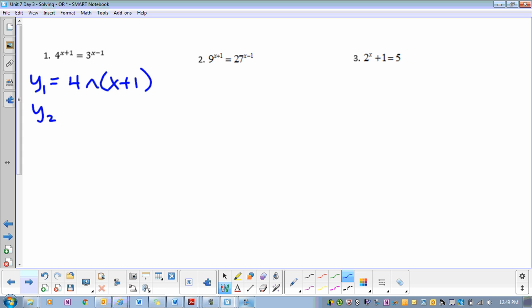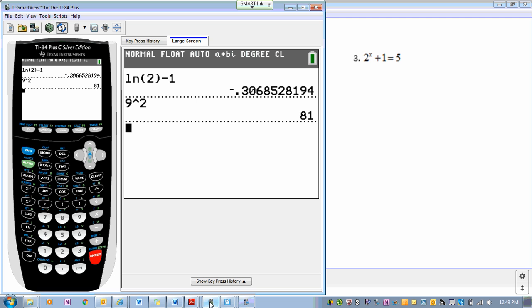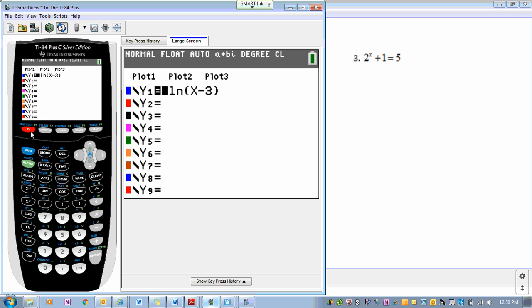And then y sub 2, I'm going to put in 3 to the x minus 1. Now, I'm going to go to my y equals. I'm going to put 4 to the x plus 1, 3 to the x minus 1. Those are correct, right? Yeah. Okay, good.